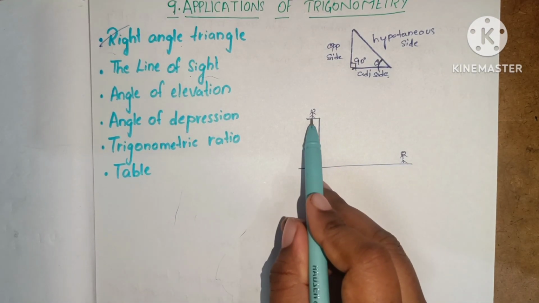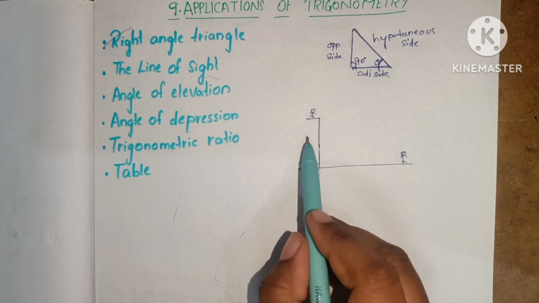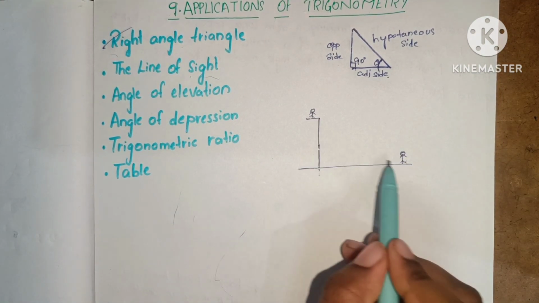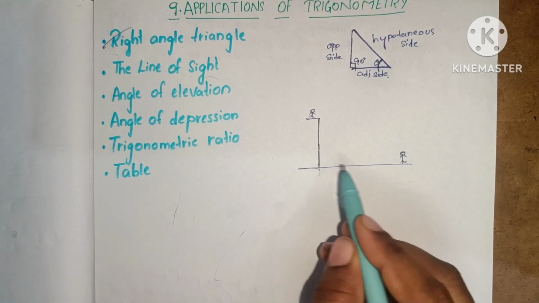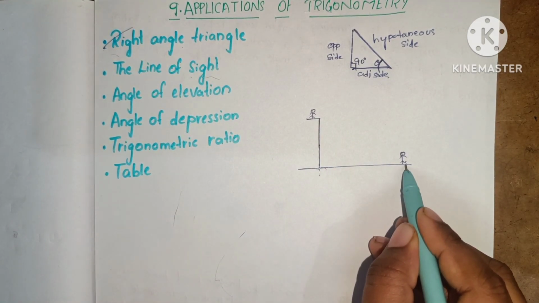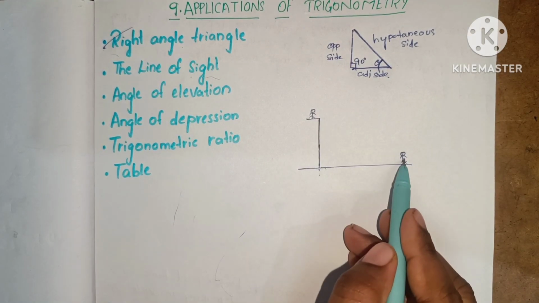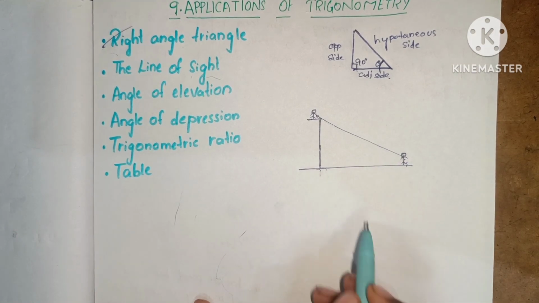For example, you are standing on the building and your friend is standing on the ground. From the terrace you are watching your friend, right? This line is the building, this line is the road. On the road your friend was standing and you are watching him. An angle will form here, right?